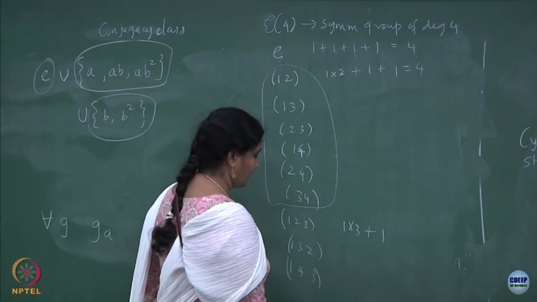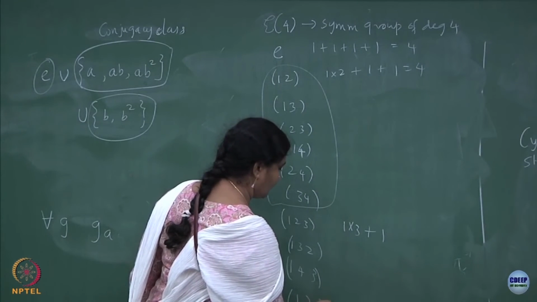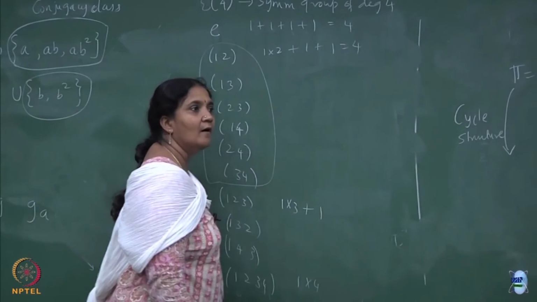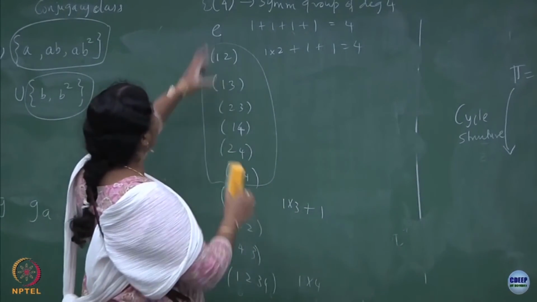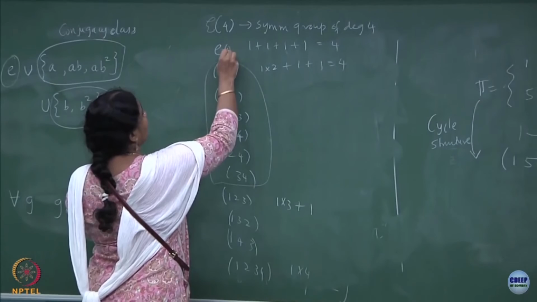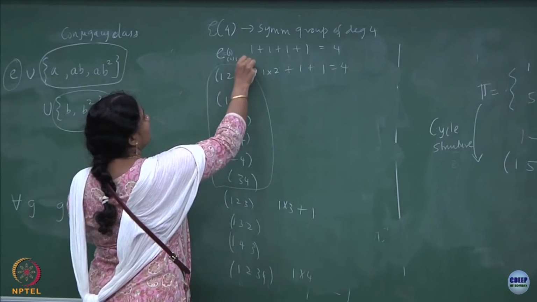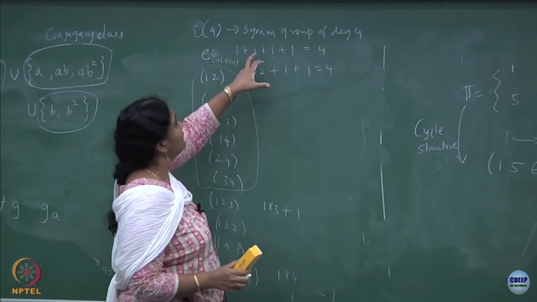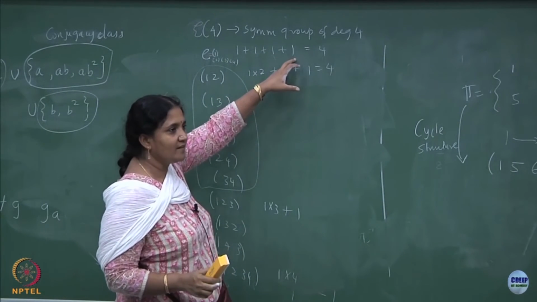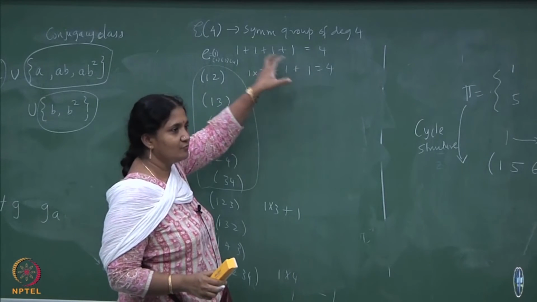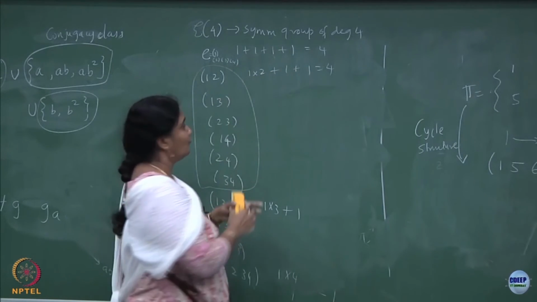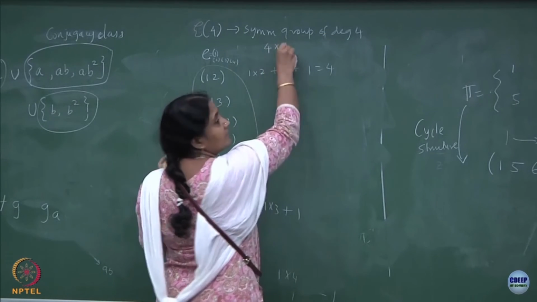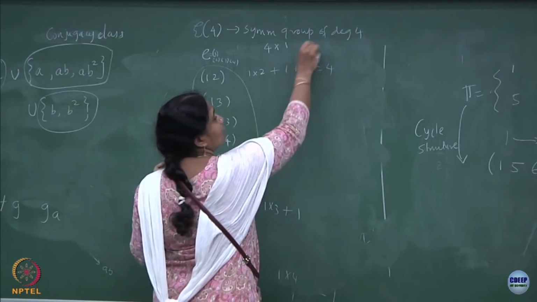What else can I have? One into 4, yeah. So I am saying the identity element is nothing but 1, 2, 3, 4, 4 1 cycles. So, 1 cycle plus 1 cycle plus 1 cycle plus 1 cycle, which you can call 4 1 cycles if you want, 4 into 1, maybe that is a better notation. 4 into 1, okay, that is 4.